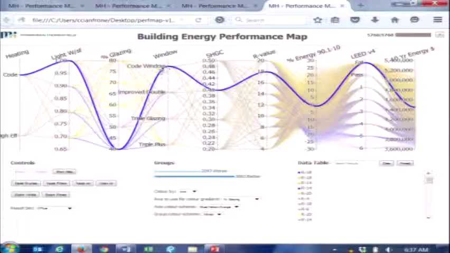It's using your standard code double glazed window, a solar heat gain coefficient of 0.4, an effective R value of R18, and it's just meeting code for ASHRAE 90.1. It's not getting any LEED points. In fact, it's not passing for LEED certification, and its 10-year operating cost is about $4.5 million. So that's what you're looking at.